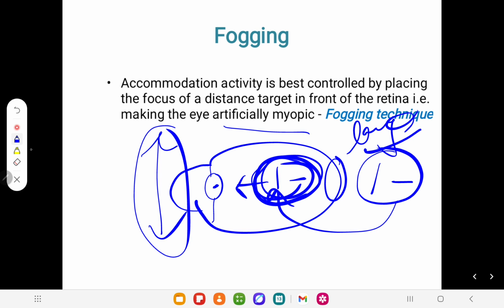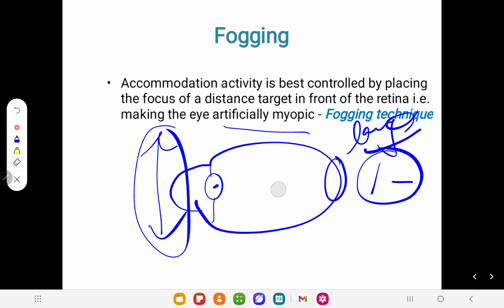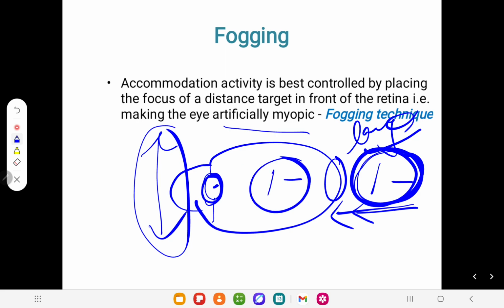But what if I remove this, and this is simple compound hyperopia? The patient tends to accommodate more and bring this focus towards the retina, isn't it? It's possible in case of hyperopia, but it's not possible in case of myopia.